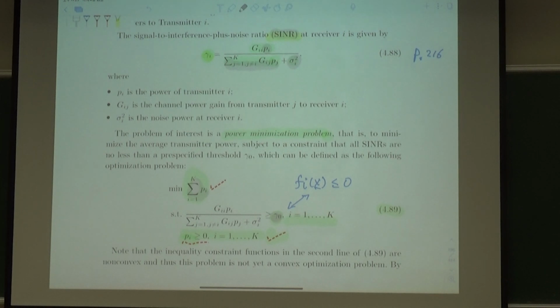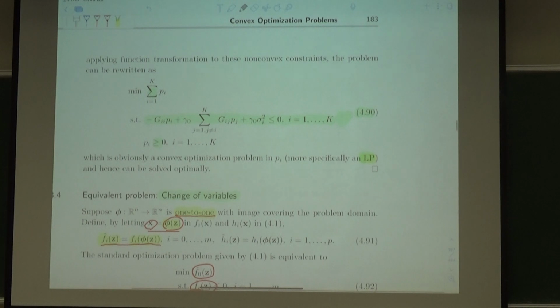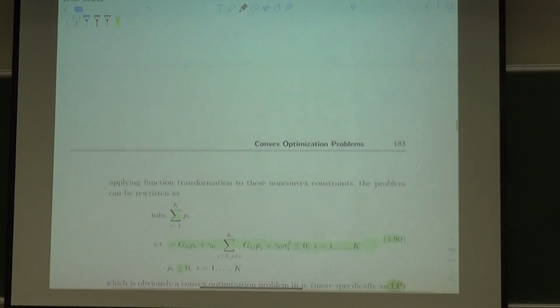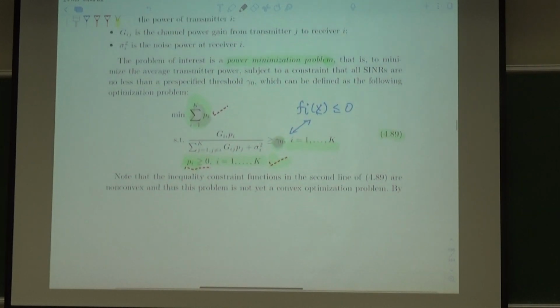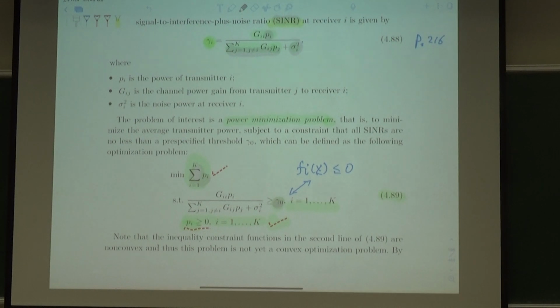If you remember, for this problem, through some simulation, we came up with a linear program through function transformation. This is what we have learned before, a week ago at least.